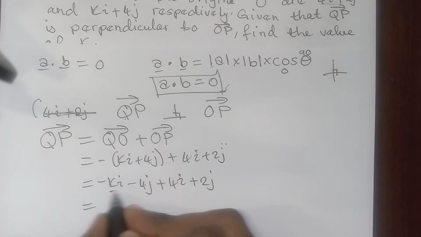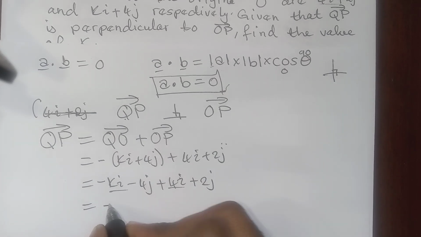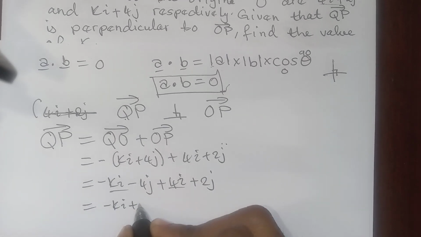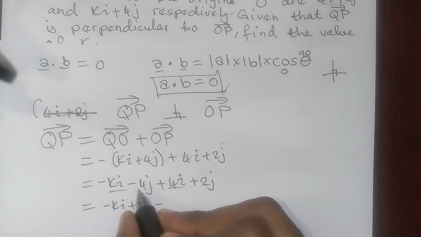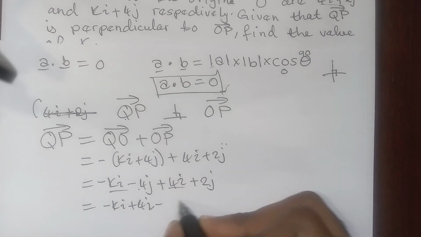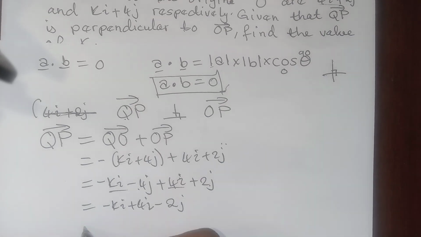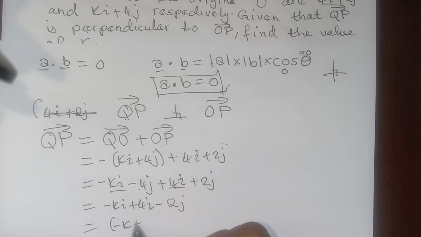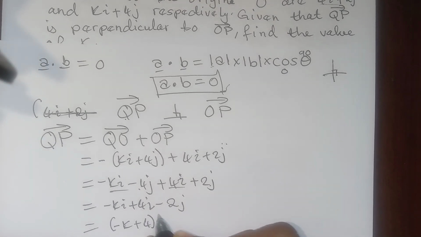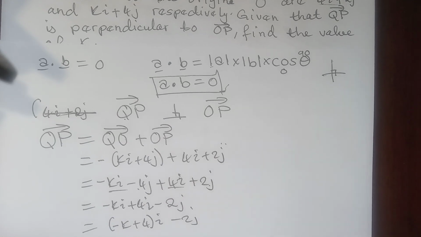Putting the k terms together, this will be -ki + 4i, and then -4j + 2j will give us -2j. Then we can factor the i out and say we have (4 - k)i - 2j.